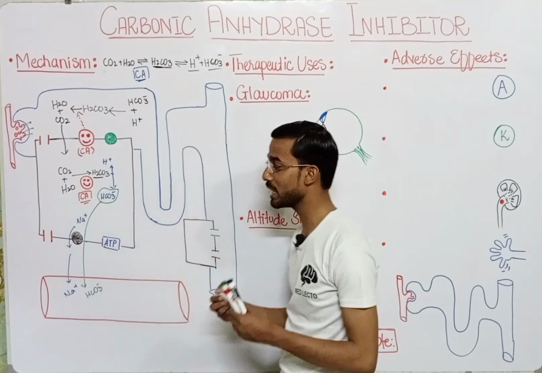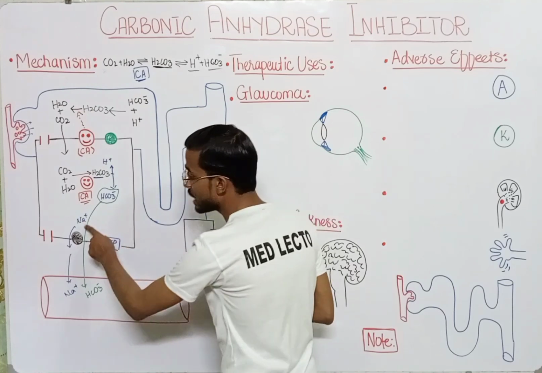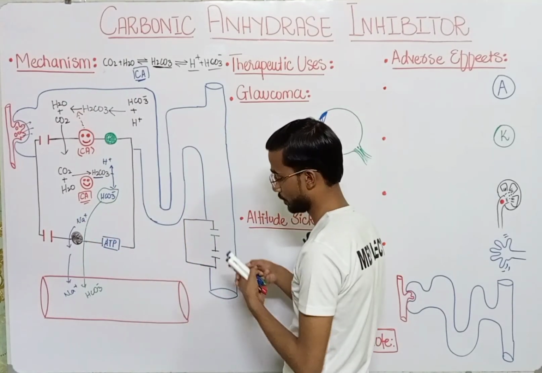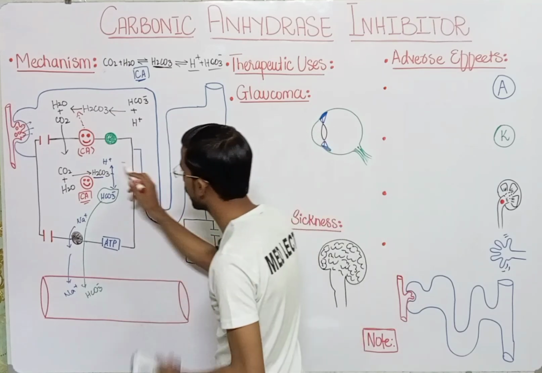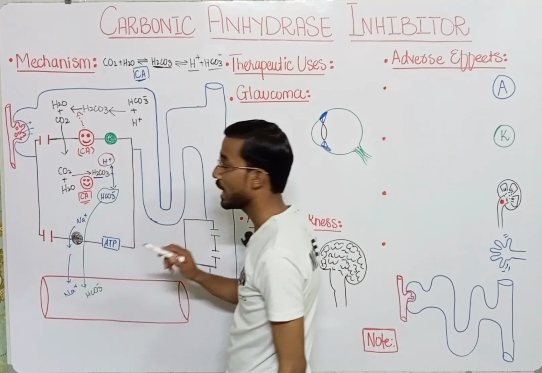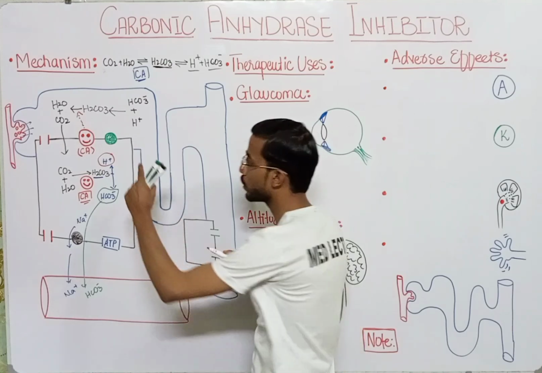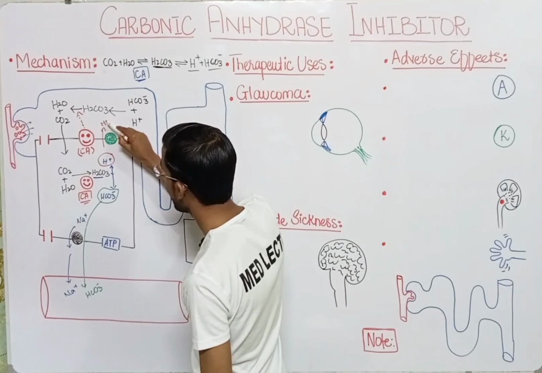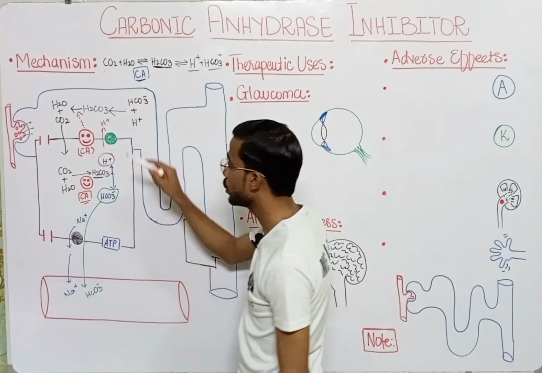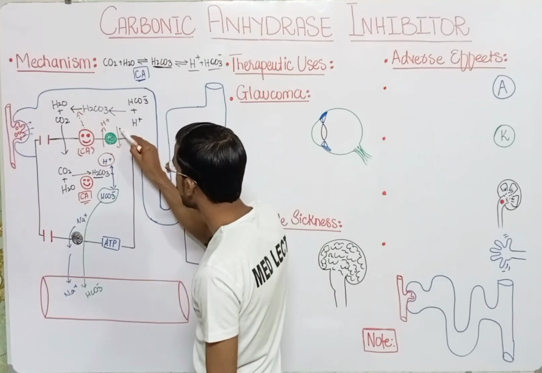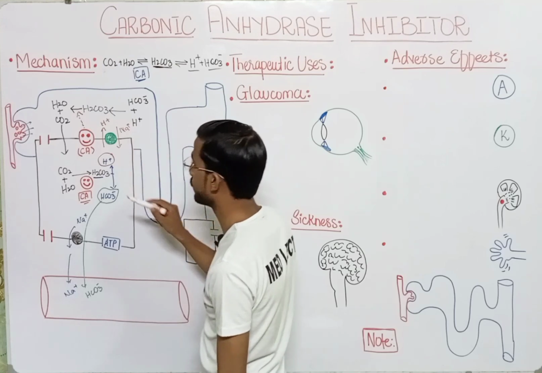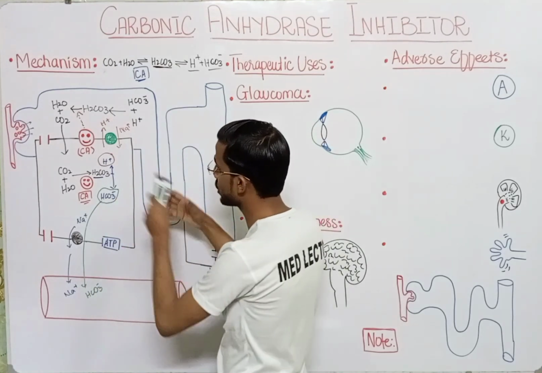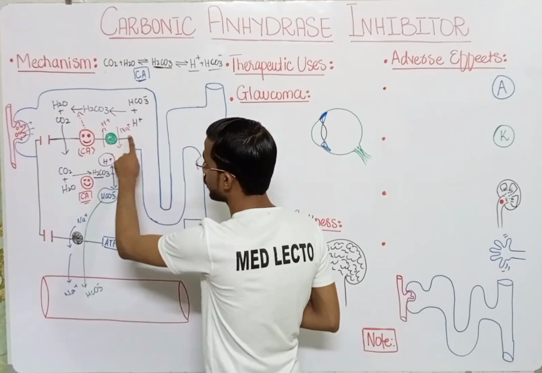Now the question is, where does this sodium come from? The hydrogen ion produced inside the cell will move outward, and in exchange the sodium present in the lumen will move inward. So this is the exchange between hydrogen and sodium.